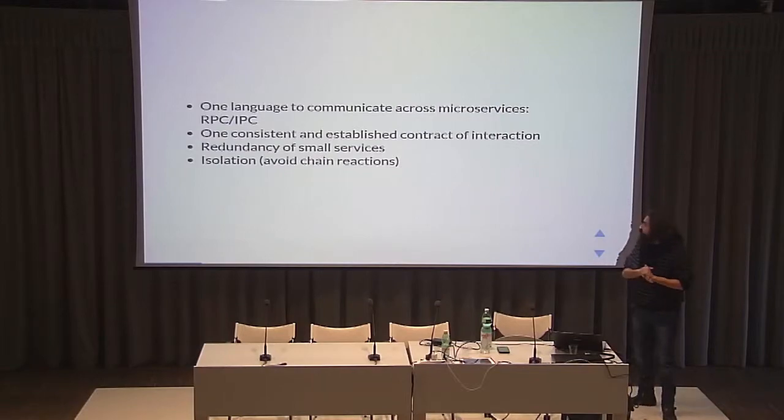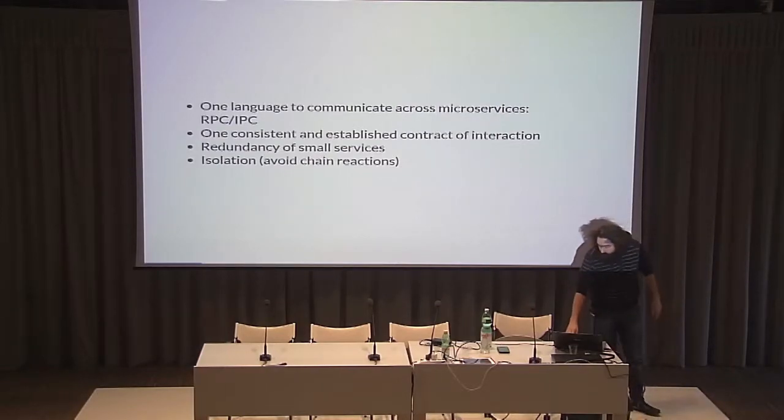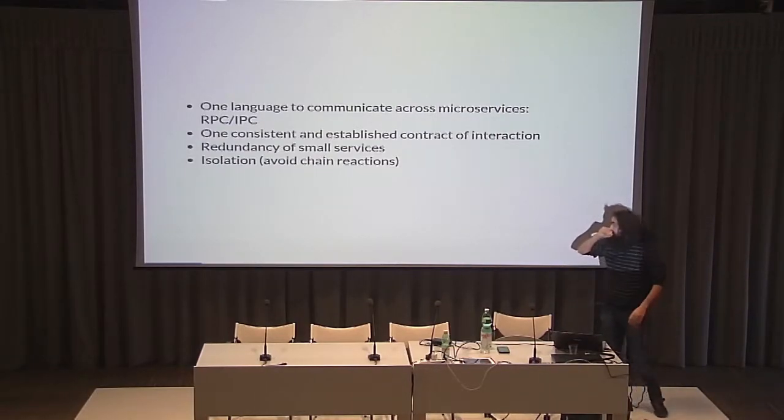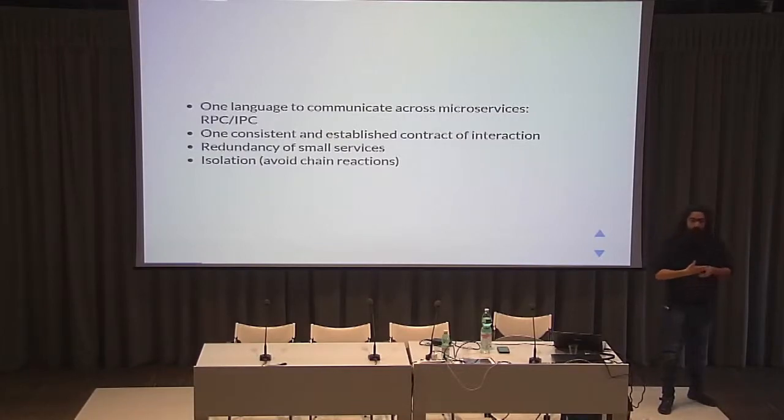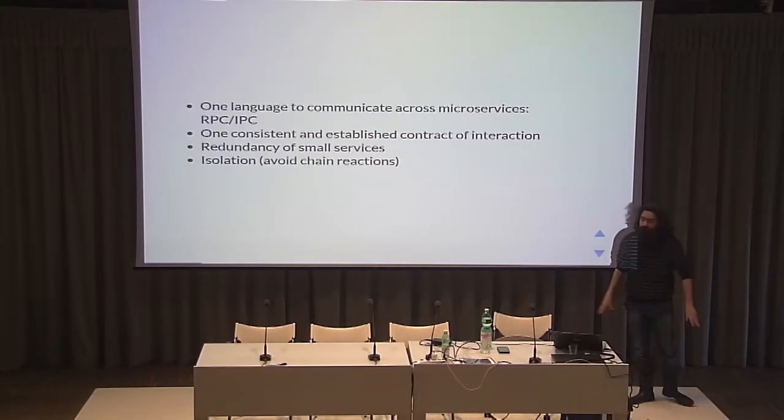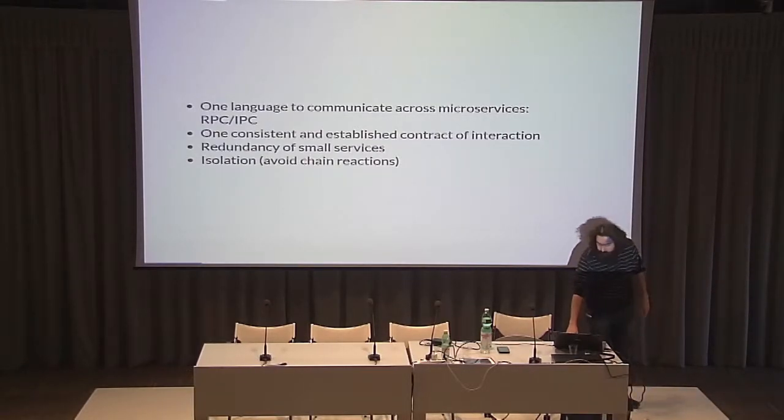I would probably prefer simplicity. And when I said design for failure, of course, I don't want chain reactions. So I want isolation. If a service dies, it should die and respawn without affecting the whole system, all the other parts of the infrastructure.